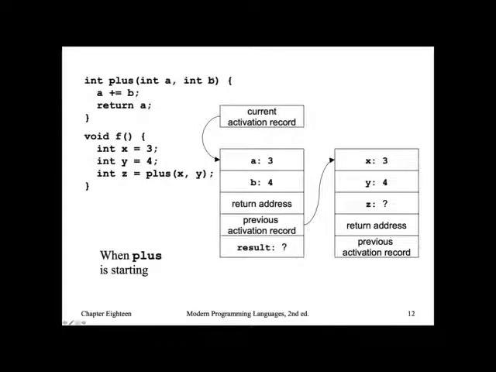So when plus is called, b gets initialized with whatever was passed in. Again, that was 4. So now you've got 3 and 4, and the previous activation record pointing back to where we came from. Anyway, that's just to show you this basic notion.